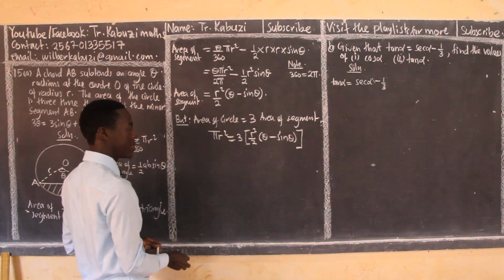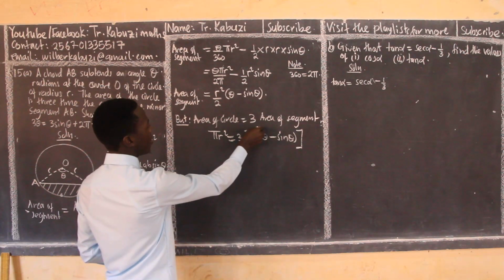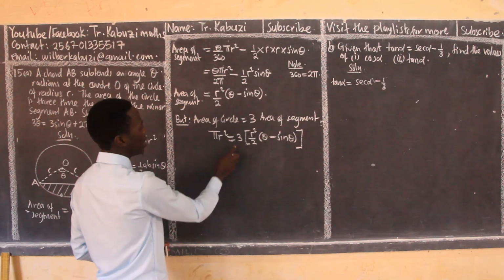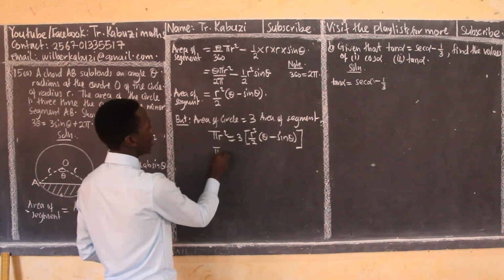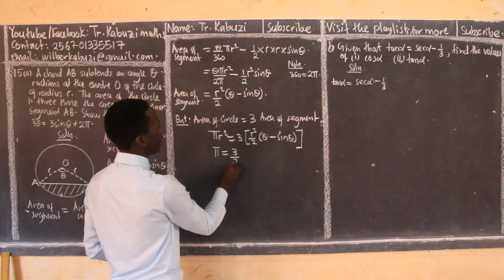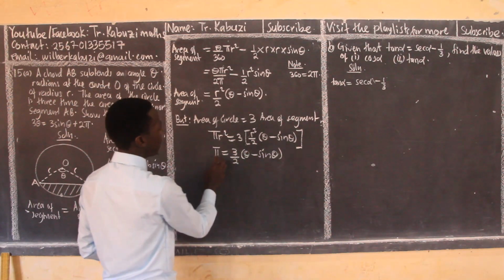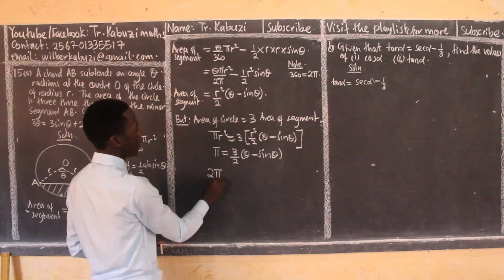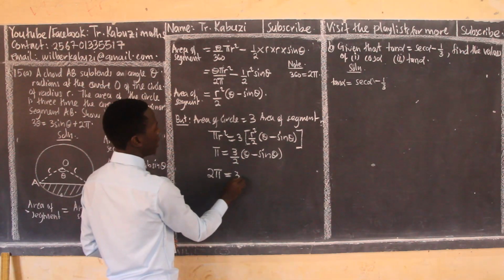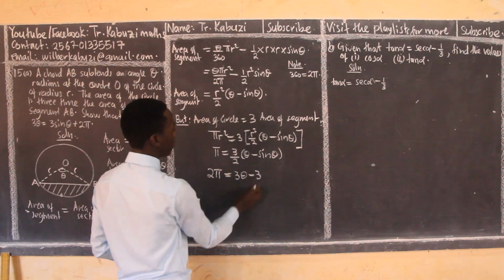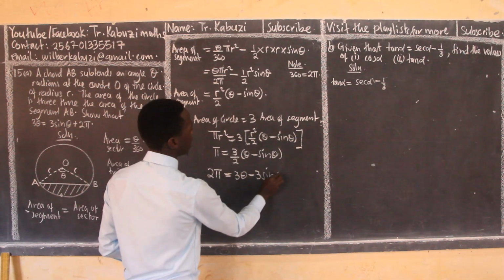Of course, we can see that this r squared can go away. So I have pi equals 3 over 2 times theta minus sine theta. Put this side, I have 2 pi equals 3 theta minus 3 sine theta.